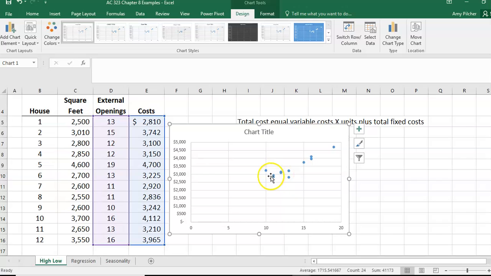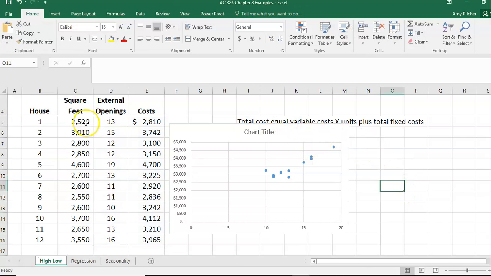Our cost information is mostly linear with external openings as the cost driver. We do have two points, point 13, so that's 13 openings, and this point over here at 10 openings, that are somewhat outliers of our general line.